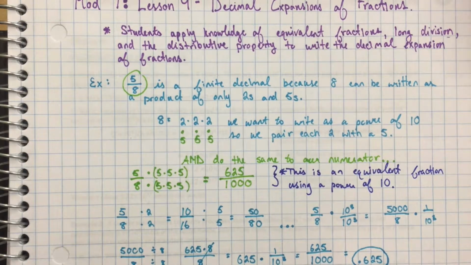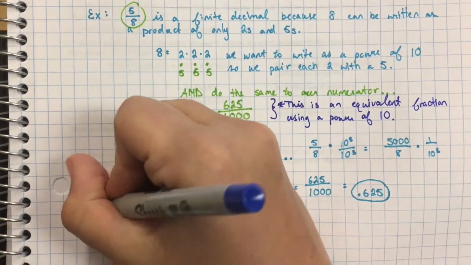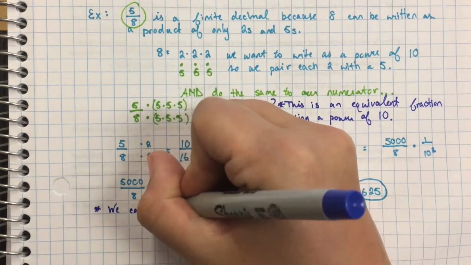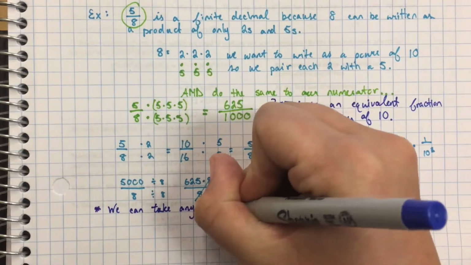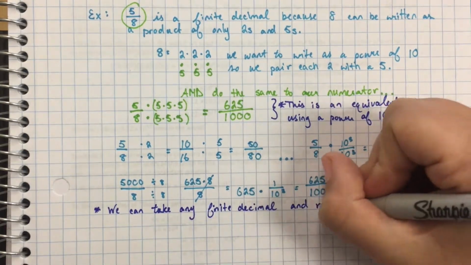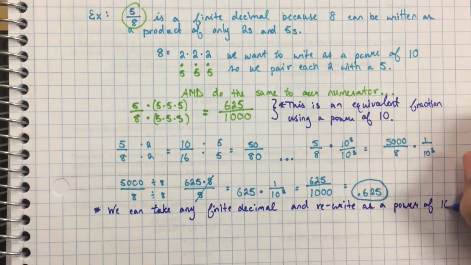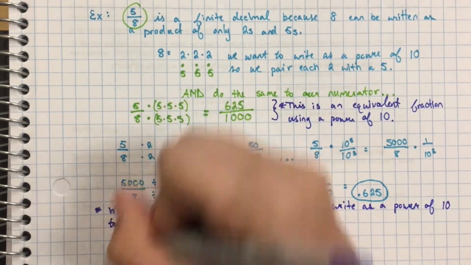So in both methods, by finding either a power of 10 for the denominator or by using common factors to create an equivalent fraction with a power of 10 in the denominator, I can still write any fraction that I know is going to be finite as a decimal.